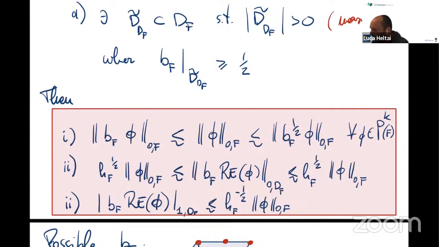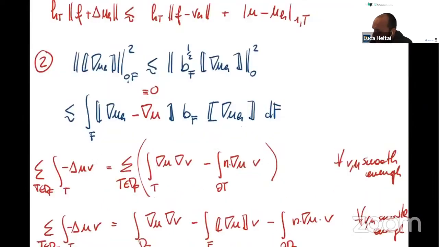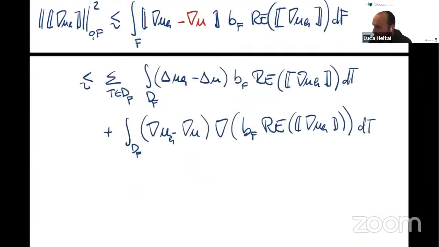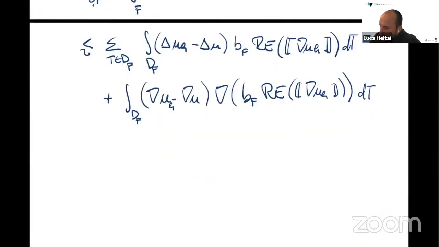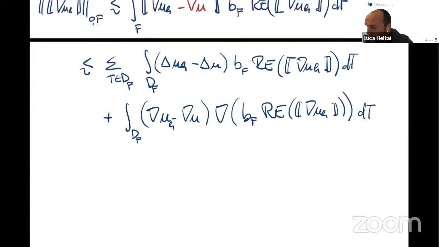Okay, I want to go back and forth in order to provide an estimate which depends only on the jump of the gradients and on the exact solution u, which appeared here, and for which now I have various things that I can do.